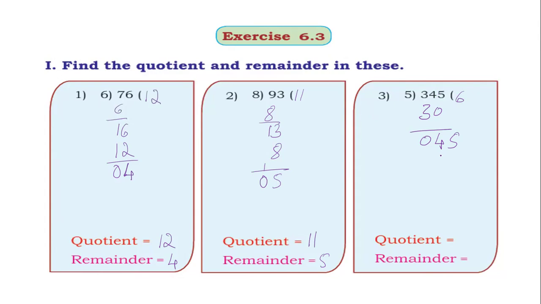Take this 5. 5 nines are 45. 5 minus 5, 0. 4 minus 4, 0. Quotient is 69. Remainder is 0.